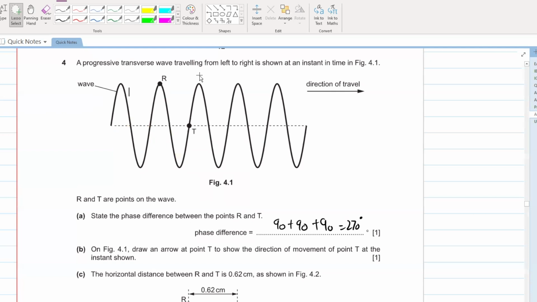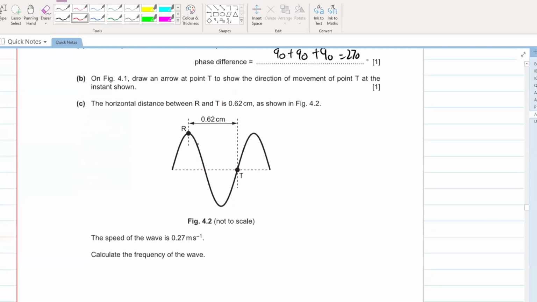You have to show the direction of movement of point T. कभी भी ट्रांसवर्स वेव पे if you have to calculate the direction of movement, what do you do? You first of all draw an imaginary line. आ गई इमेजिनरी लाइन भाई. फिर ये जो पीछे वेव आ रही है उसको replicate कर दो, replicate this wave like this. Simple. तो इस तरह अगर मूवमेंट होगी तो that means T is moving what? T is moving downward.